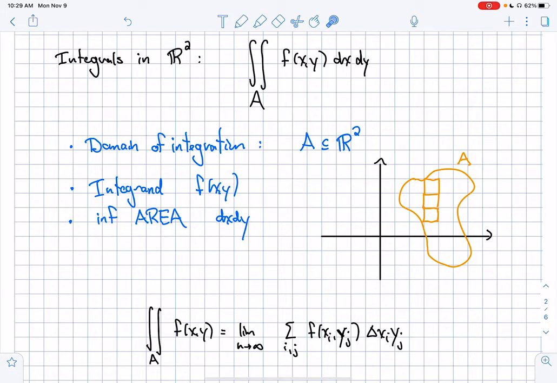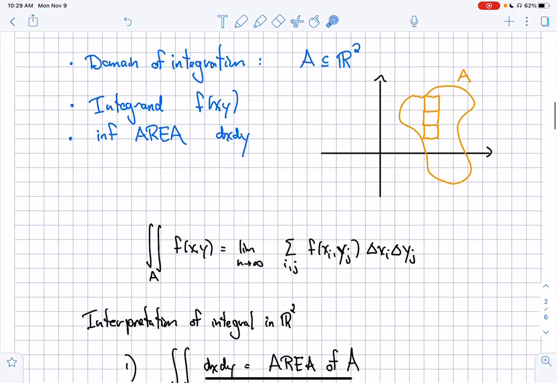What you're doing is summing over all the small squares inside A. You take the value of f in every square, multiply it by the area of the square, and sum that over. The limit is when those squares become very small. That's the double integral of f over the region A.